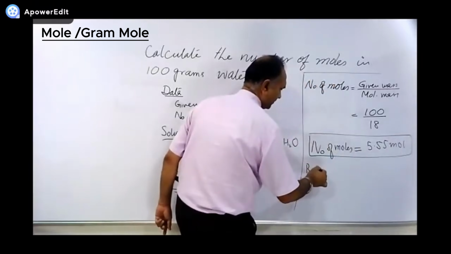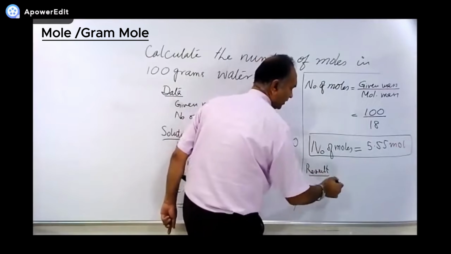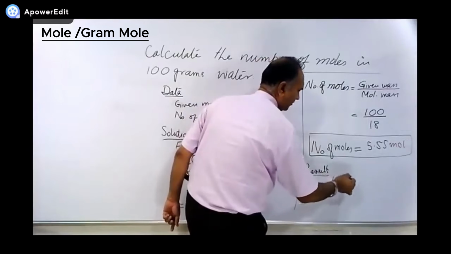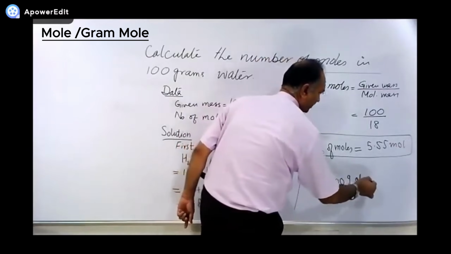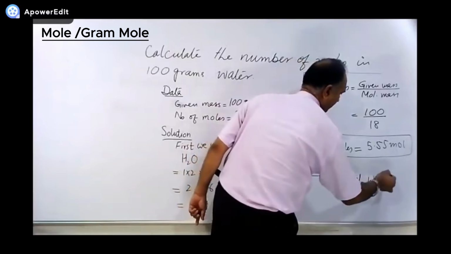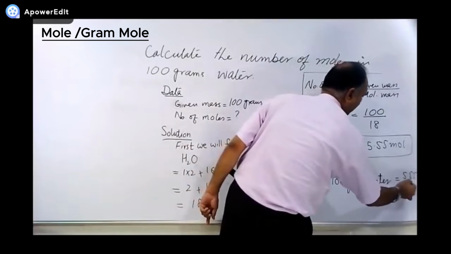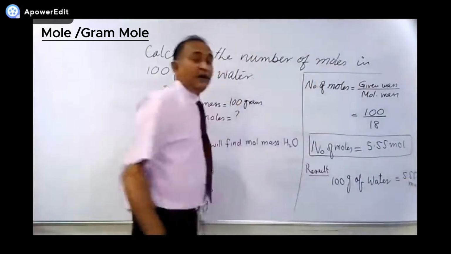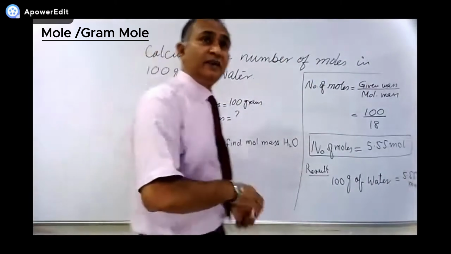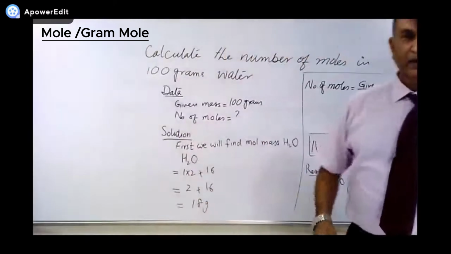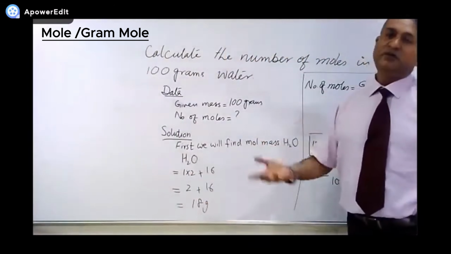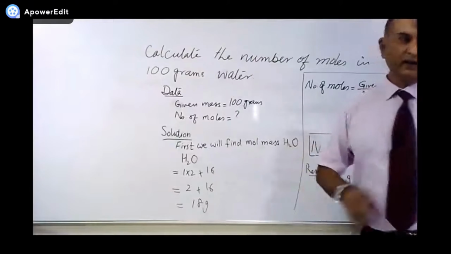Result: 100 gram of water is equal to 5.55 mole. So just practice it. You will be able to understand it quite easily.